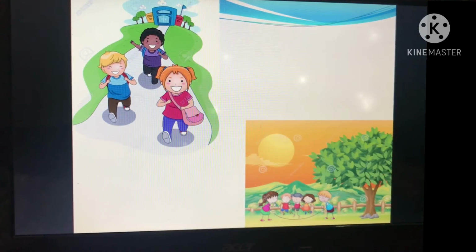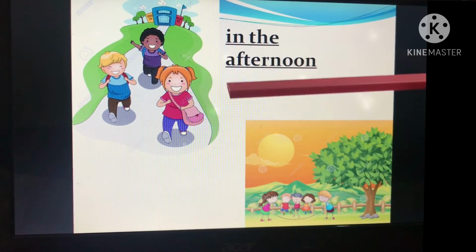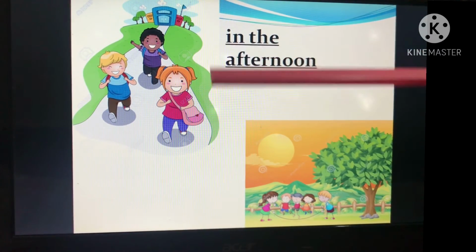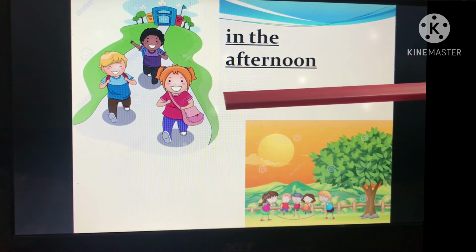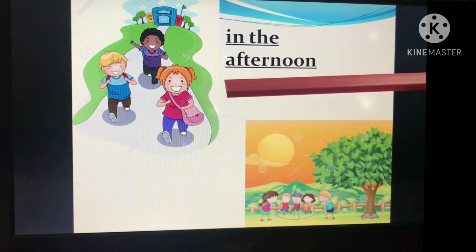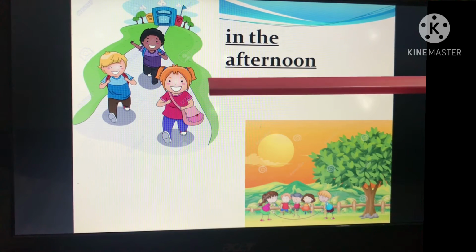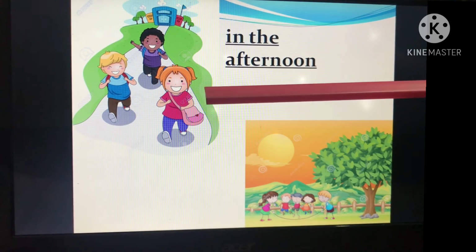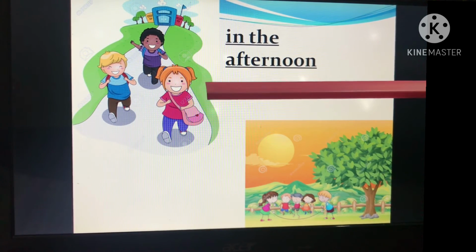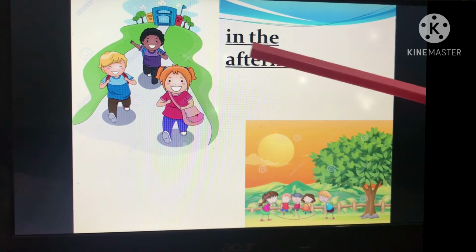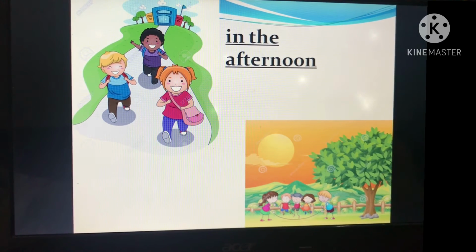Another one, it says here, in the afternoon. So what do they do in the afternoon? They return from their school in the afternoon.